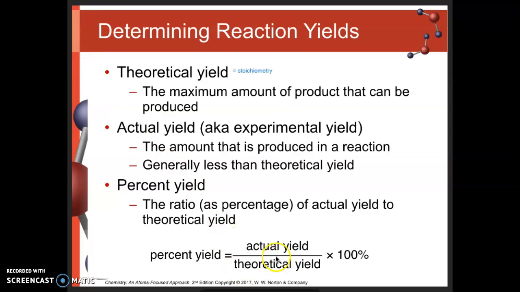And so we can see here that we have the actual yield in the numerator, theoretical yield in the denominator. If we divide those two, that would give us a decimal. And then we multiply that by 100% to turn that decimal into a percentage.